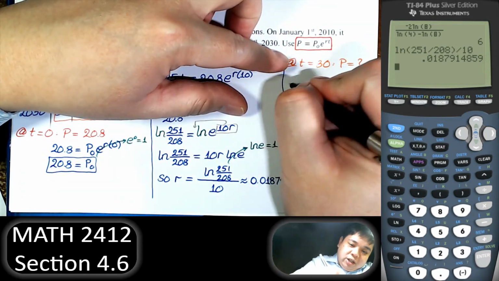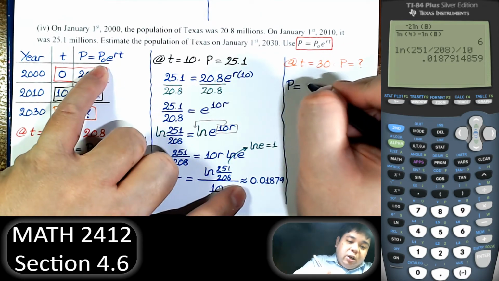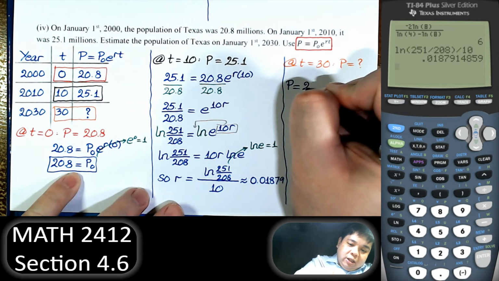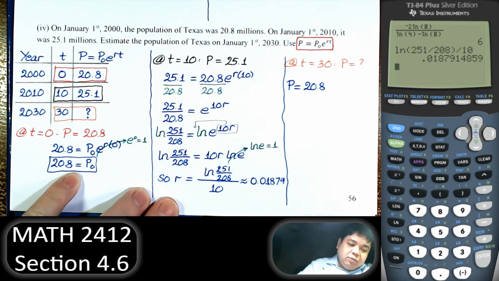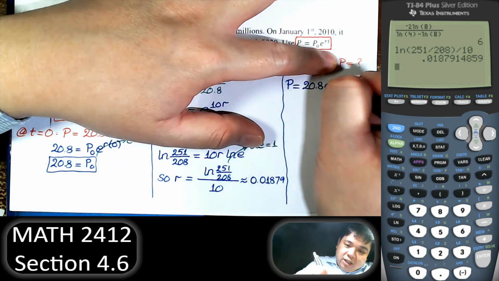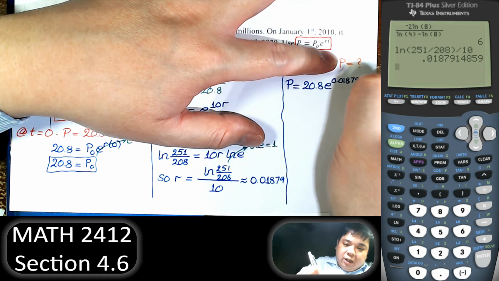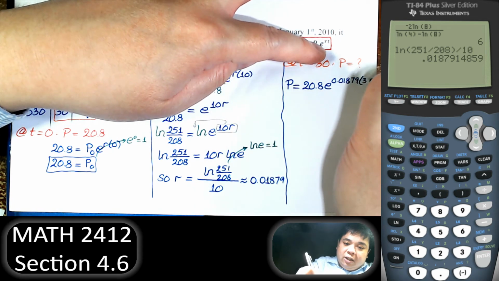So the population is equal to P naught, which we know is 20.8, e to the r, which is going to be this number. I'm just going to write 0.01879, and then t is 30.